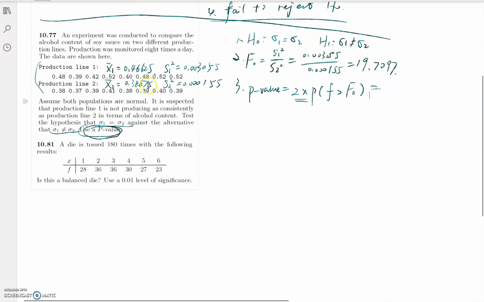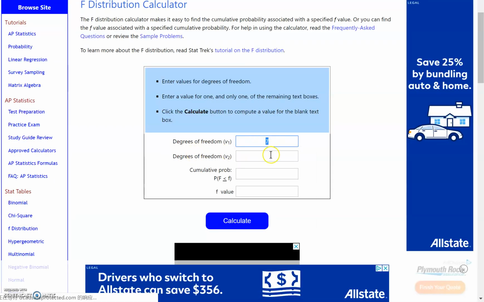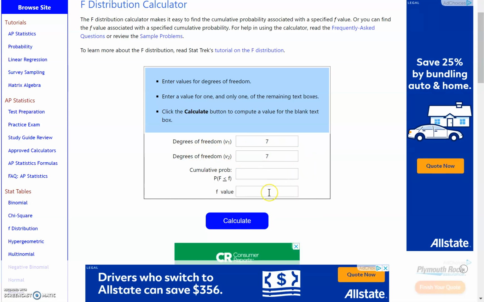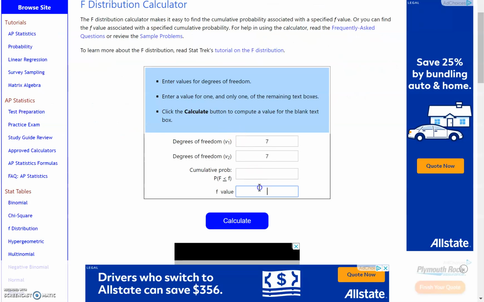Both degrees of freedom are 8 minus 1, so it's 7. We want the probability for an f value of 19 point something. Here we get the result.